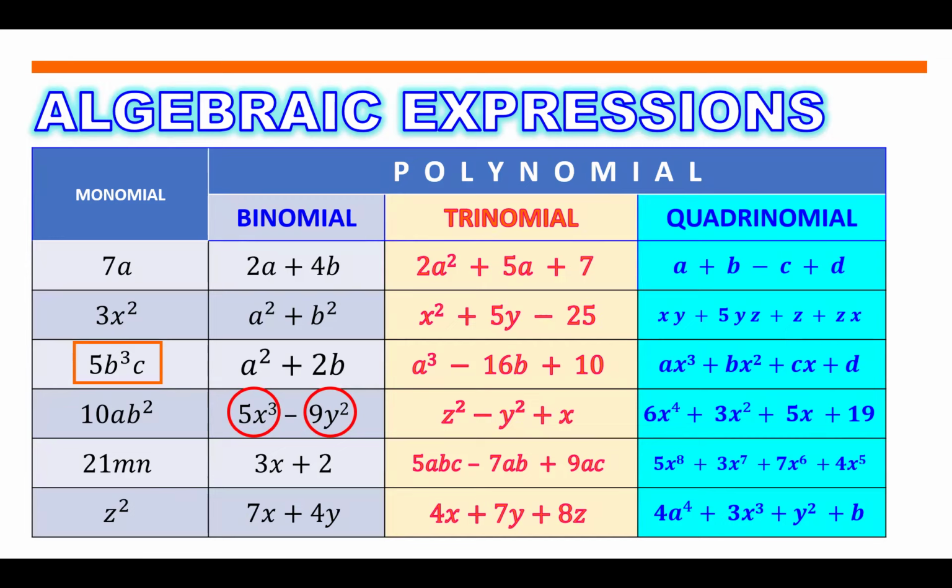In the third column, we have the trinomial: 5abc, the first term, minus 7ab, the second term, and 9ac, the third term. For the quadrinomial, we have 4a to the fourth power plus 3x cubed plus y squared plus b. Those are the first, second, third, and fourth terms.